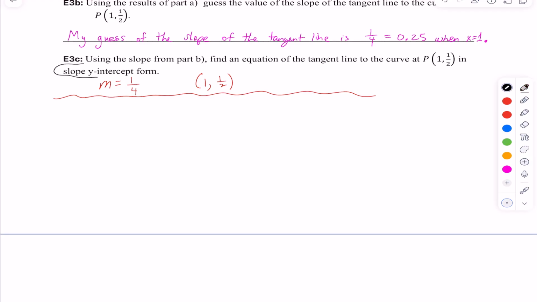Now you've got to remember, slope y-intercept form represents y equals mx plus b. However, point slope form is this formula. And we'll go ahead and simplify this equation by making appropriate substitutions.